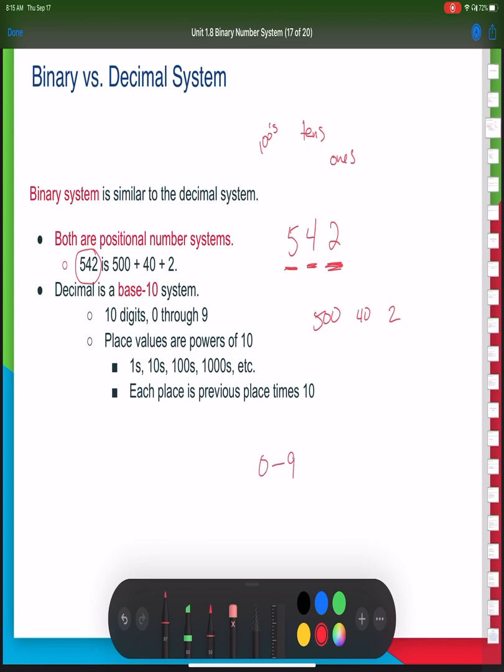After 0 through 9, what happens? If I use that number 542 above as an example, I can start counting: 1, and then the next number is obviously 2, and that will continue until we get to 9. Then what happens with 9?